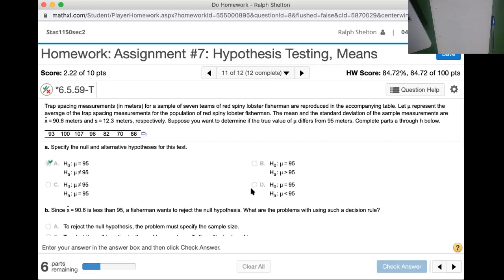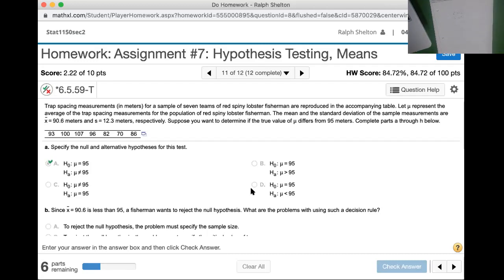Let mu represent the average trap spacings for a population. Mean and standard deviation are, okay, so it's given us X bar 90.6, and it's given S, the sample standard deviation, 12.3.